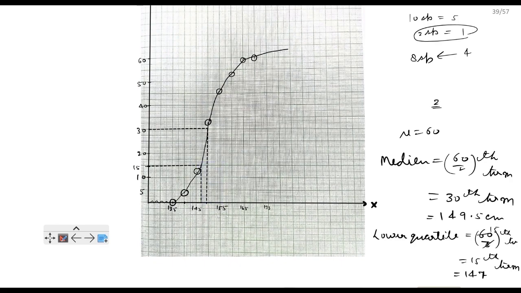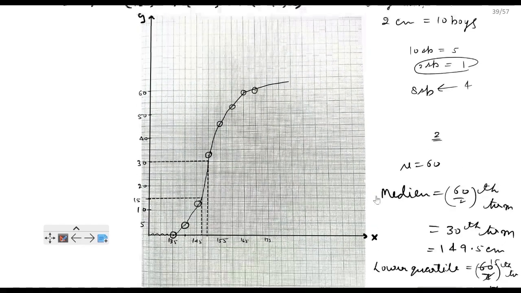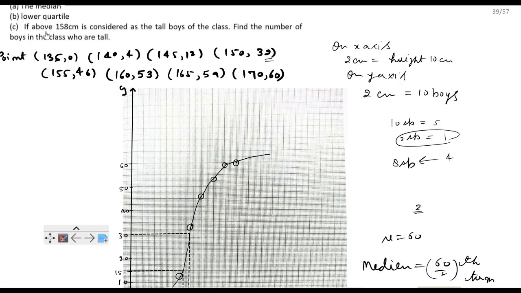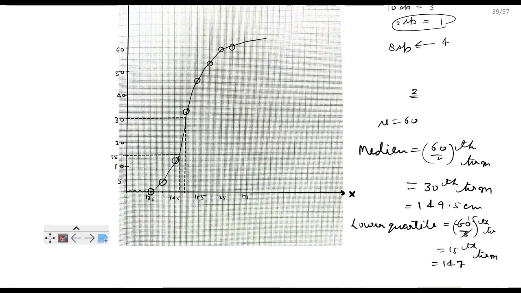Next we have to calculate if above 158 centimeter is considered as tall boys of the class, find the total number of boys in the class who are tall. Means find the number of boys whose height is above 158 centimeter. We have to mark 158.